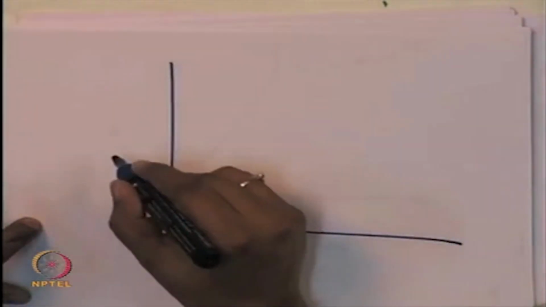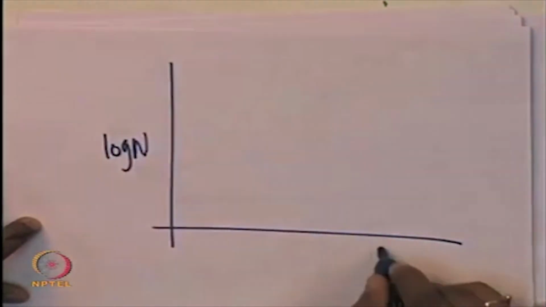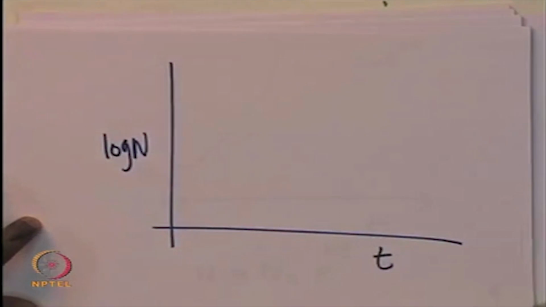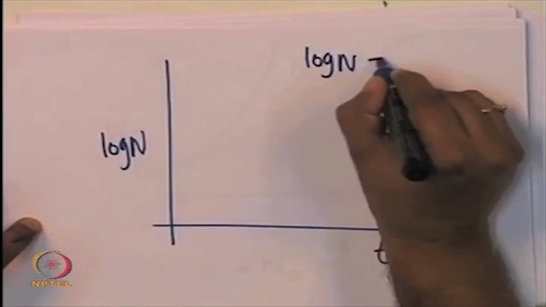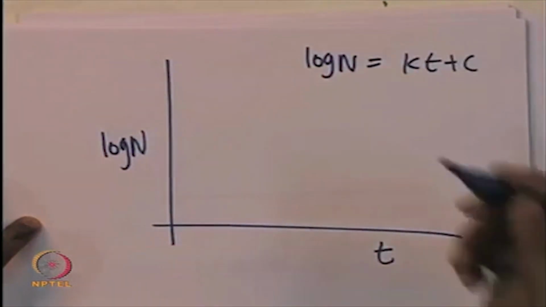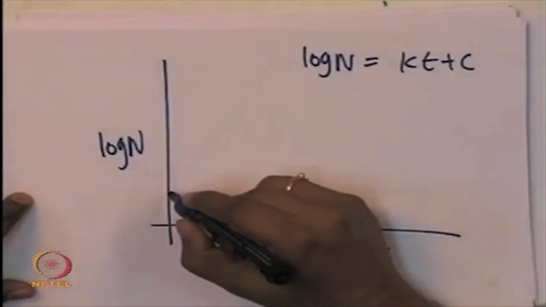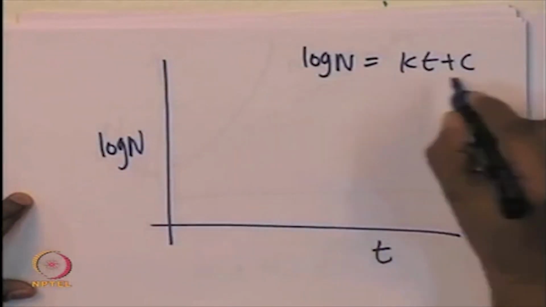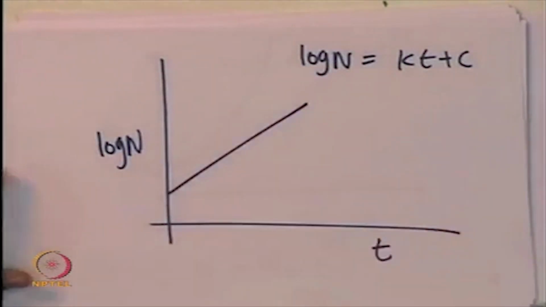So, let us plot log n here and t here, and if you plot log n is equal to kt plus c, which is actually the solution of the equation we wrote for the bacterial growth, this is like y is equal to m x plus c. So, you know that this will look like a straight line.